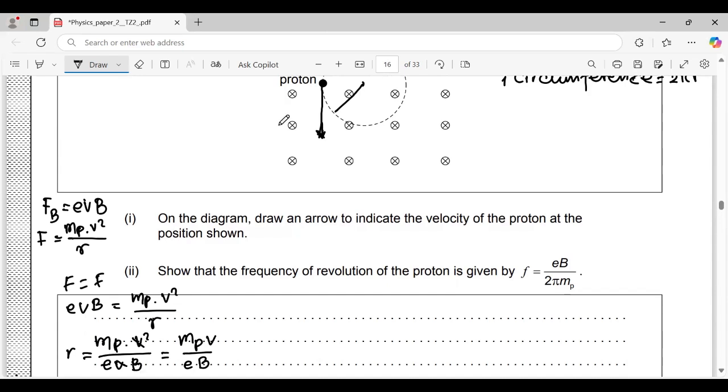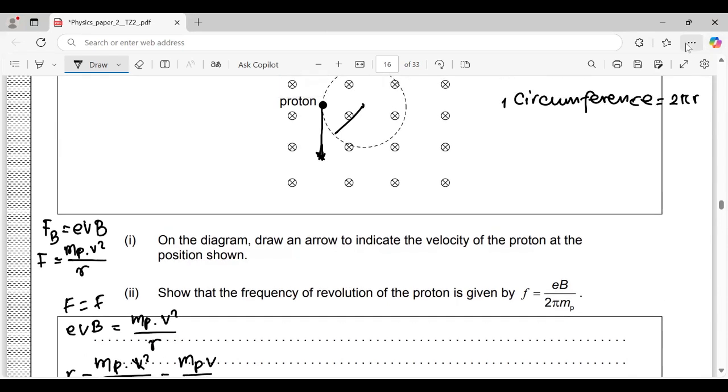If we would like to calculate the time taken for one circumference, we can use the formula T equals one circumference over velocity.